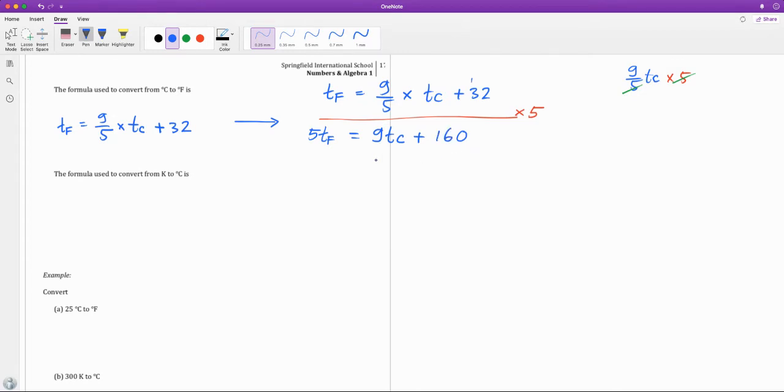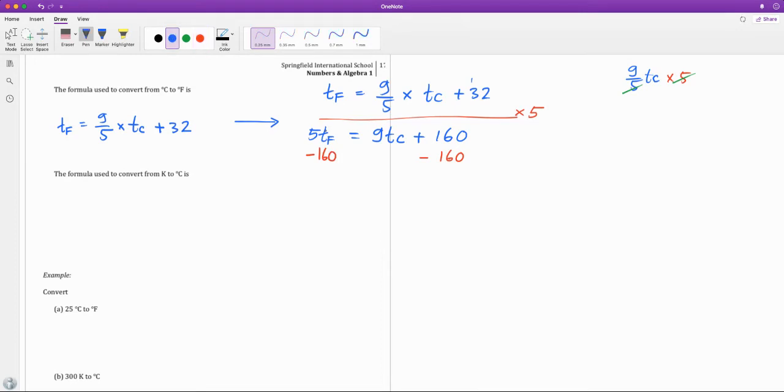And then, remember, make TC the subject. It means we need to make TC alone. This time, it still has 9 in front of it, the coefficient. We need to get rid of it. But before we do that, we need to eliminate this by subtracting 160.